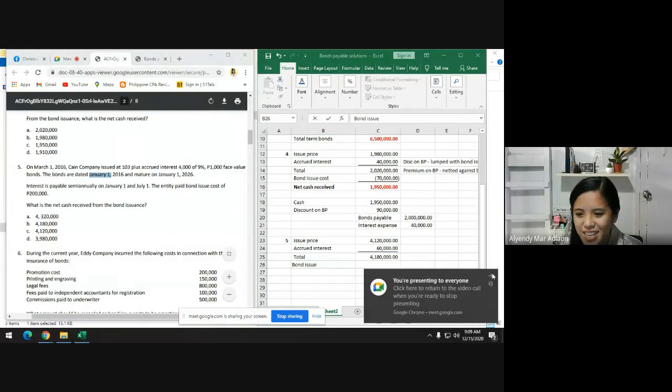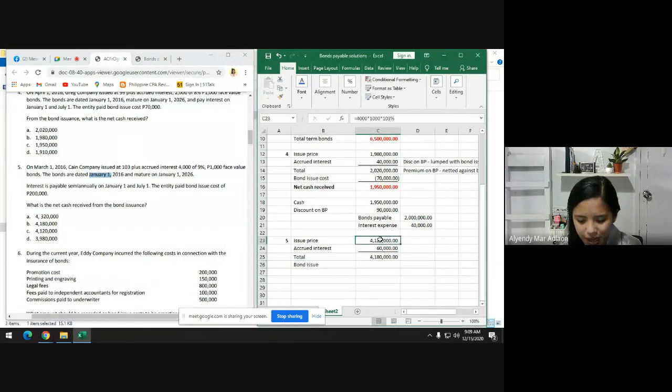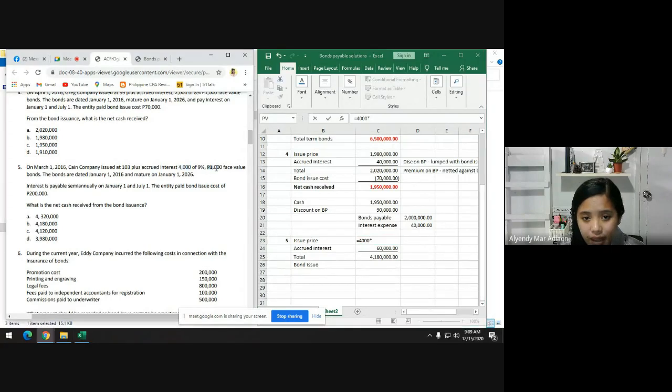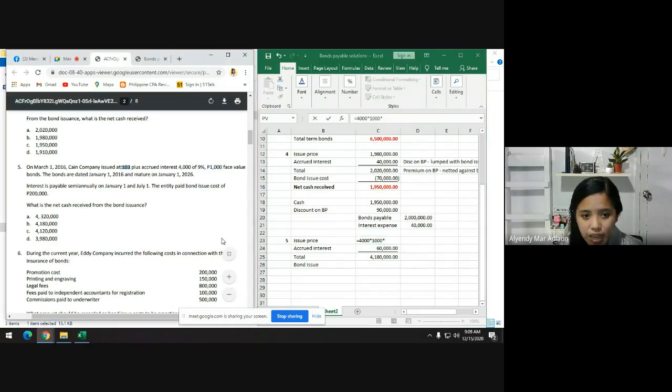Okay, the issue price. So let's do it again. The issue price is the number of bond certificates, which is 4,000 bond certificates, multiplied by its face value of 1,000. So 4,000 times 1,000, and then the percentage. Okay. When it says at 103, so that means issued at 103% of the face value.